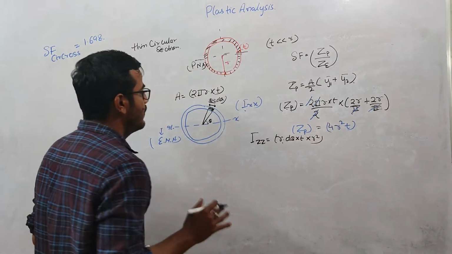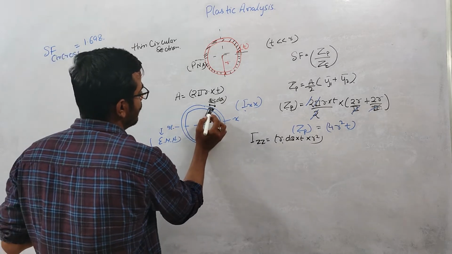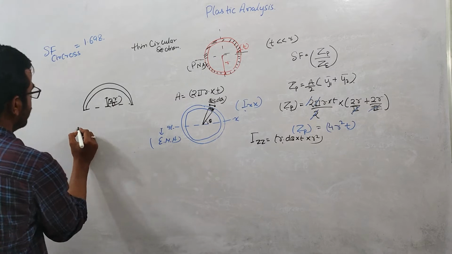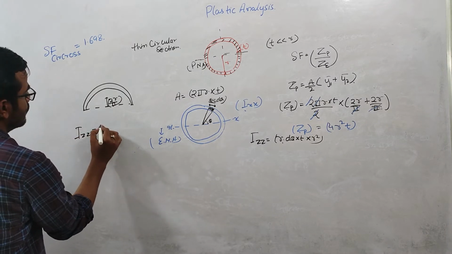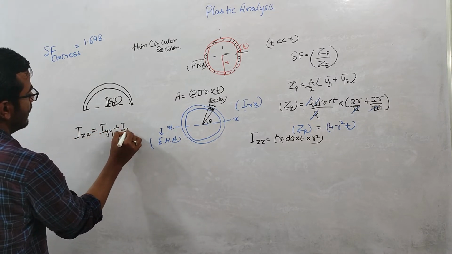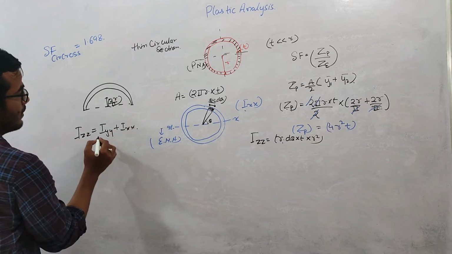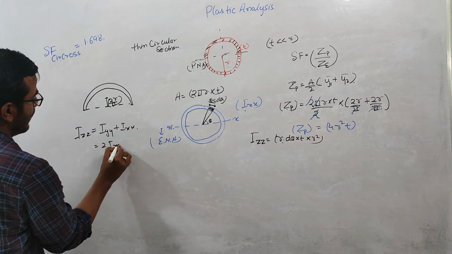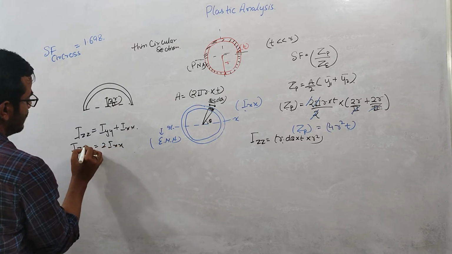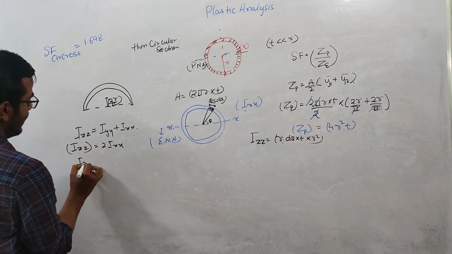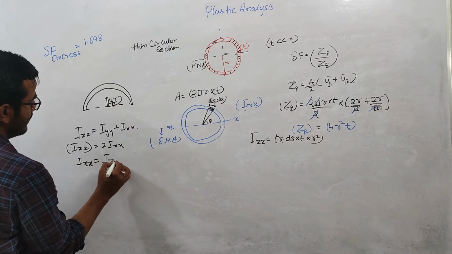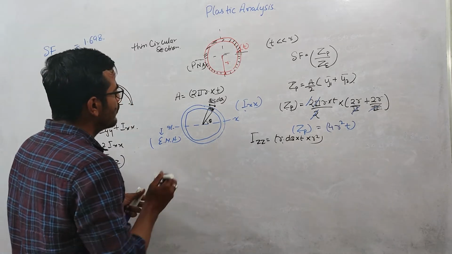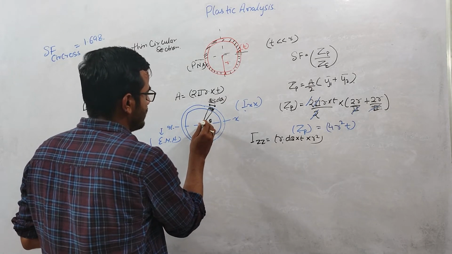Okay, this is the second moment of area of this element about the zz axis. And we have this formula Izz equals Iyy plus Ixx. Here this is symmetrical about both the axes, so I can write 2Ixx equals Izz. So my Ixx will be Izz by 2. Okay, so I'm calculating the second moment of area about this axis, right?